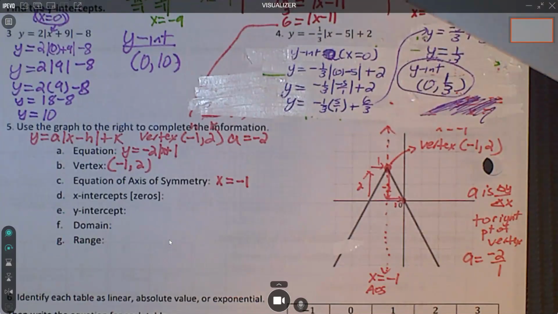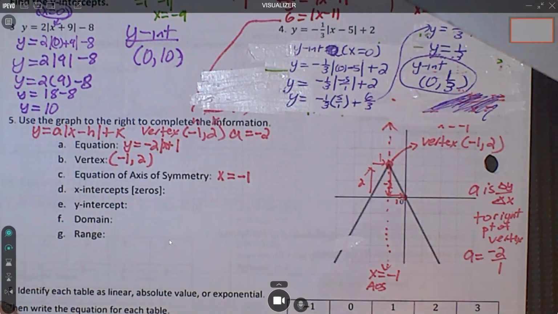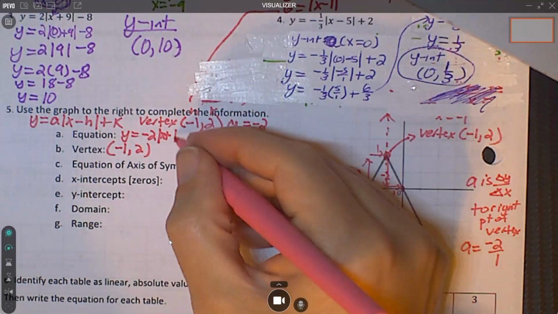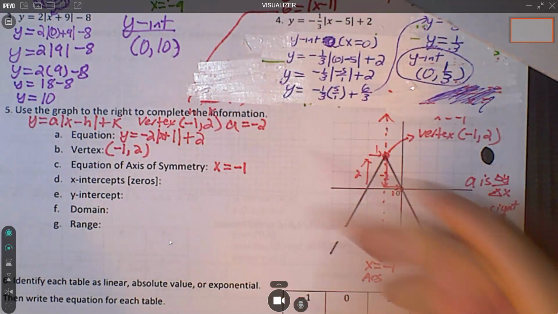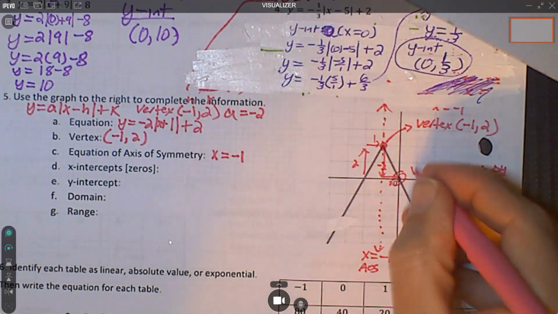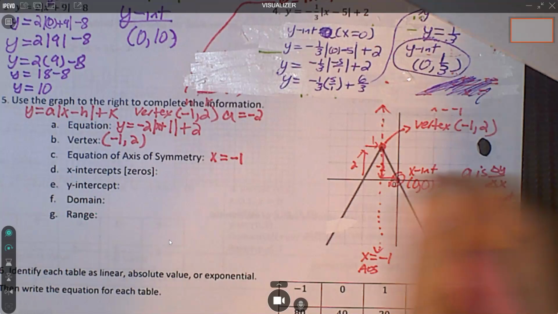Okay, I saw a mistake I made. I did the y-intercept. Okay, so this is where I was: y equals negative 2 times the absolute value of x plus 1, plus 2. X-intercept, that's 0, 0.